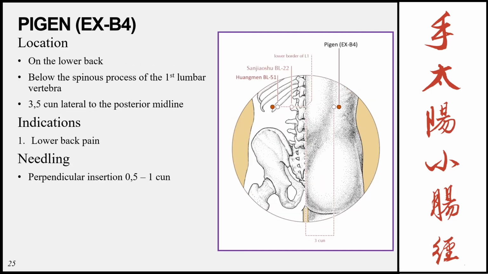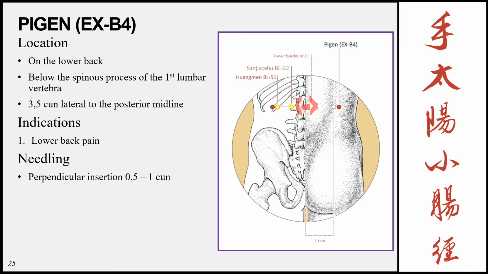The next point is Pigen, EXB4. This point is located on the lower back, below the spinous process of the first lumbar vertebra. So here's L1, and we've got to go to its lower border, and then we've got to go 3.5 tsun lateral to the posterior midline. And level with this point at the spinous process of L1 is bladder 22 and Huangmen bladder 51.